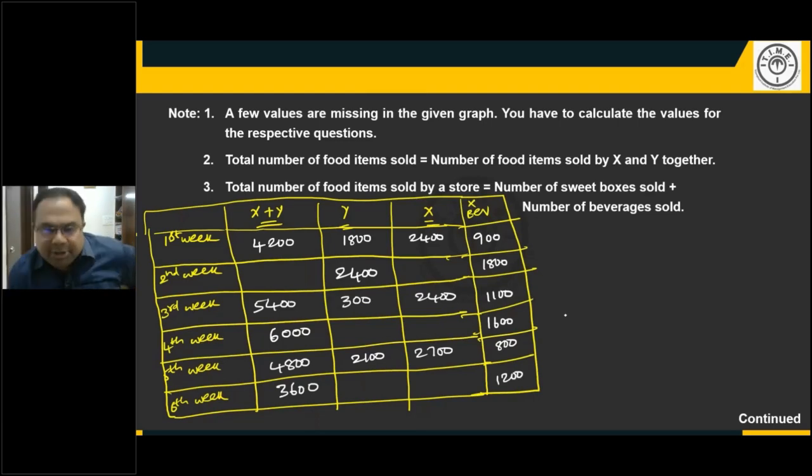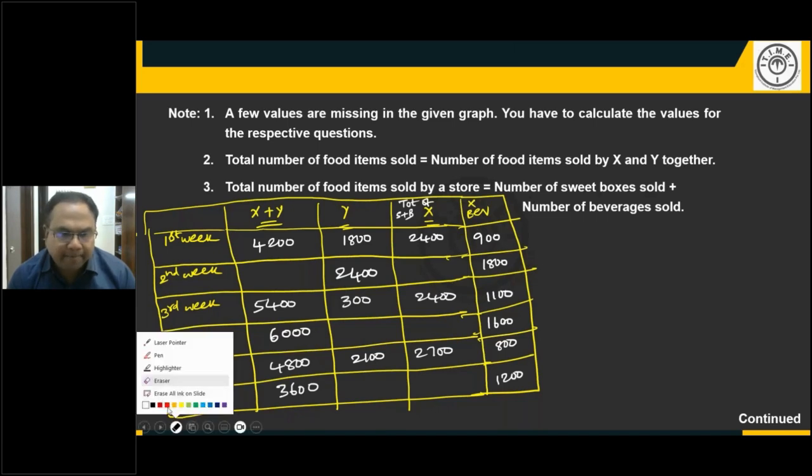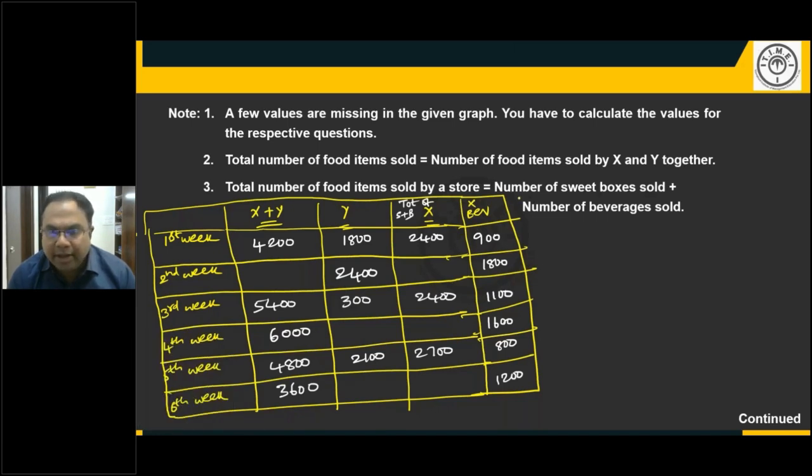Right? What is this one? Total of X now. That is sweet boxes plus beverages together. So I can find out X sweet boxes now. I can do that, right? X sweet boxes I can find out.